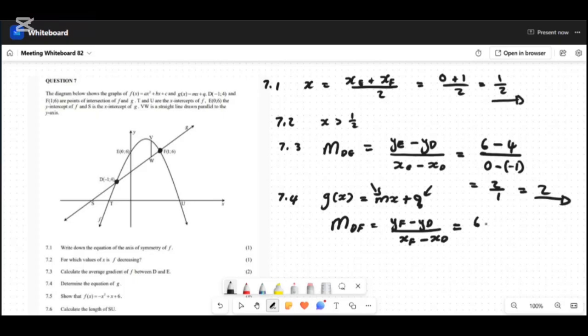It is 6, yD is 4, over 1 minus -1. And that is eventually 2, because -1 times -1 is 1. So you're going to have 2 over 2, which is actually 1. So now the gradient of G is 1.